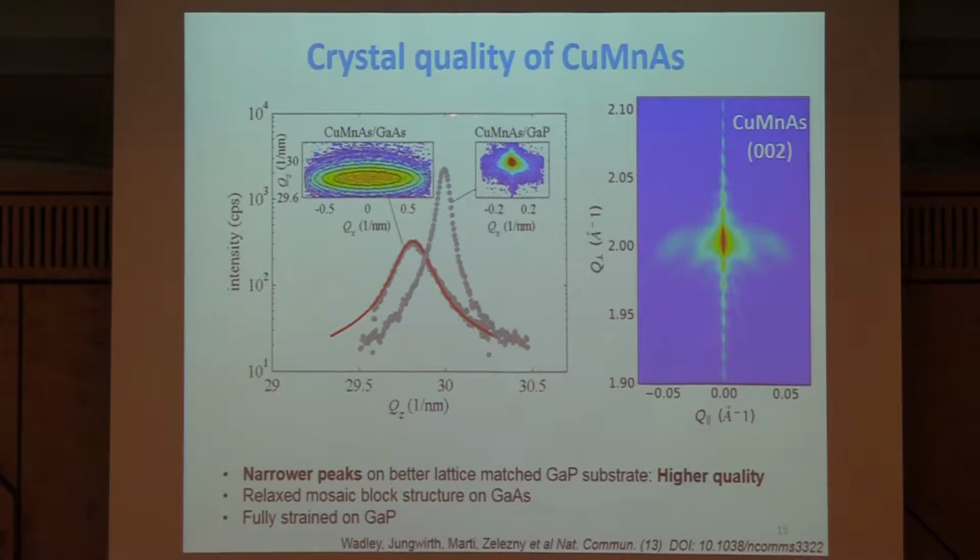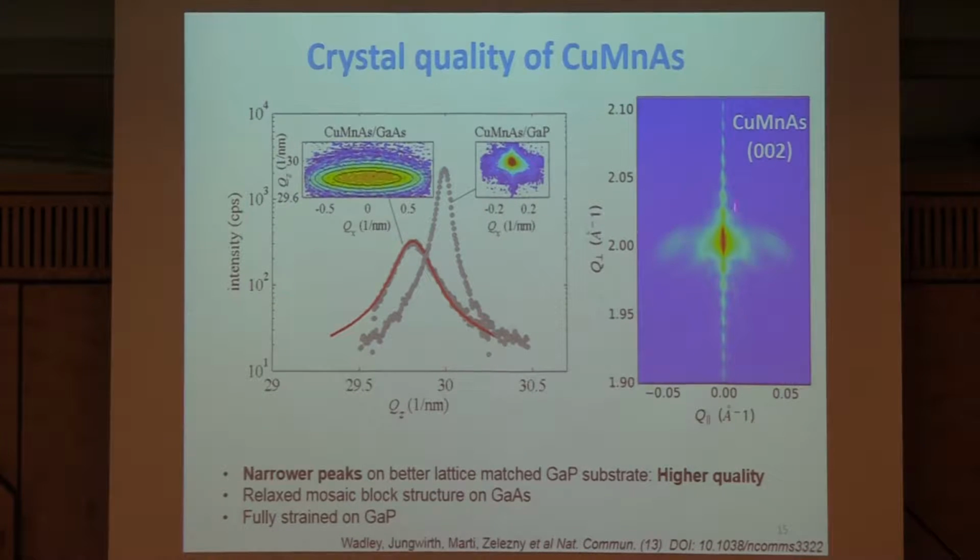So here it turns out it seems to be pretty much fully strained. That is, in its relaxed structure, if it existed freestanding, it would have a lattice parameter that's really rather close to that of the gallium phosphide, but it's actually grown on the gallium phosphide and it's retaining the lattice parameter imposed on it by the gallium phosphide.